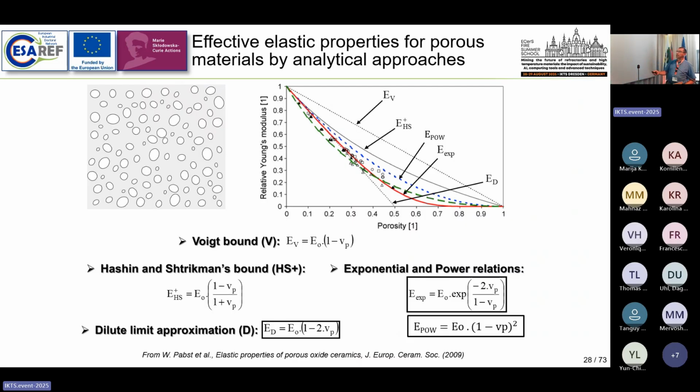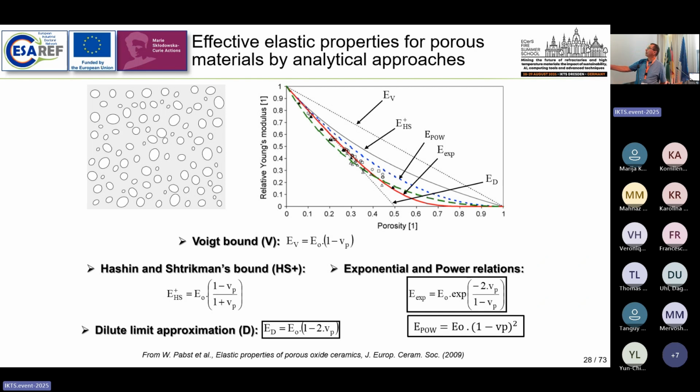And this is typically the model. So you can use different models. Of course, the void bound is this one. You can see that the void bound is absolutely out of the scope, so you should forget that. There are many other expressions, so this one, and this one.